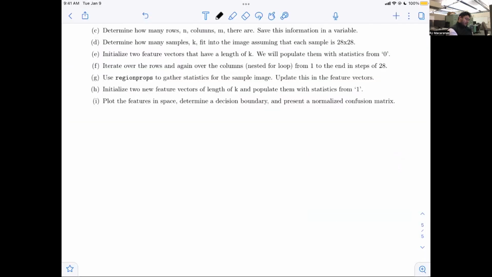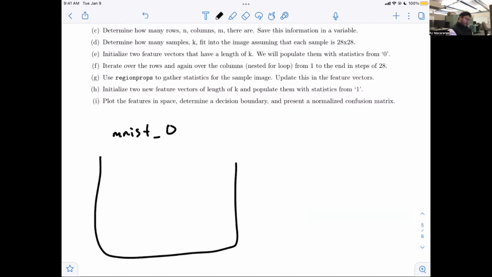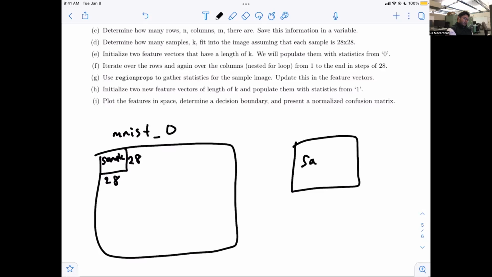We have this MNIST 0, right? And it's just this big file, but within this file, we have some 28 by 28, right? And then this is our sample. We want to extract the sample and look at each sample individually. So we have our sample.